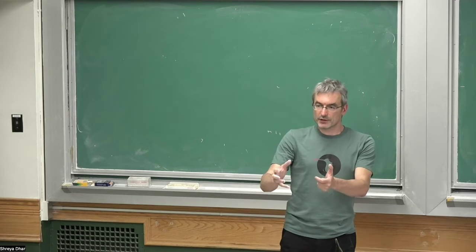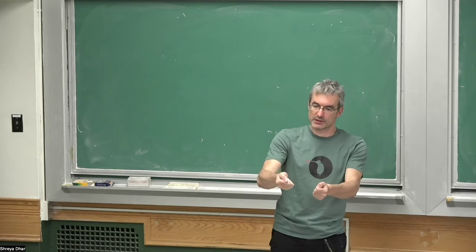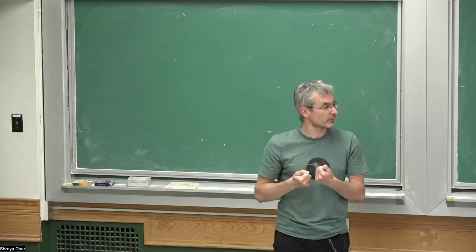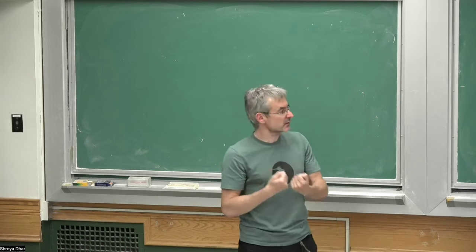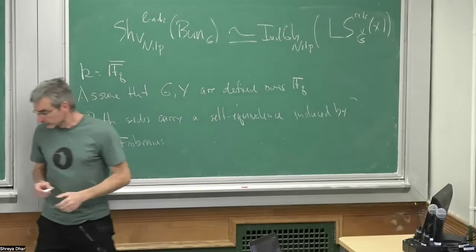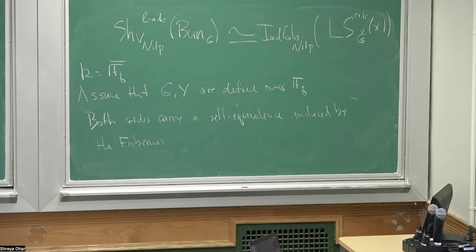On your geometric curve, just pull back your local system with respect to the Frobenius endomorphism. On the left hand side, all I mean is the following: Bun_G is now a geometric object defined over F_q, and you just pull back with respect to Frobenius on it. So that's what I mean.